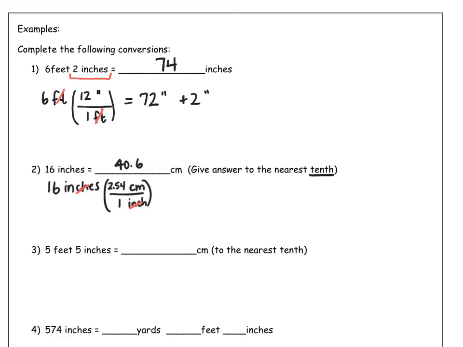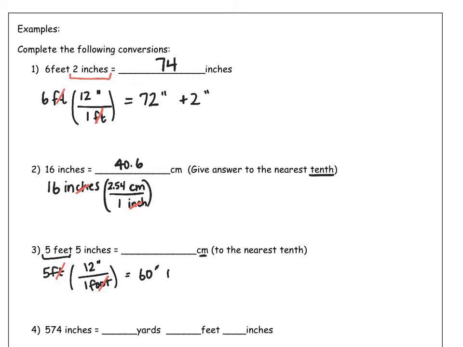Next, 5 feet 5 inches into centimeters, and I want to go to the nearest tenth. So this one, because I want to go into centimeters, and if I look at my sheet, there is a very easy conversion from inches to centimeters. So what I'm going to do is take this 5 feet 5 inches and convert it, kind of like in number 1, into inches first. So I need to know these 5 feet, how many inches there are. So I know that 1 foot has 12 inches. So 5 feet has 60 inches. I cancel those units away.